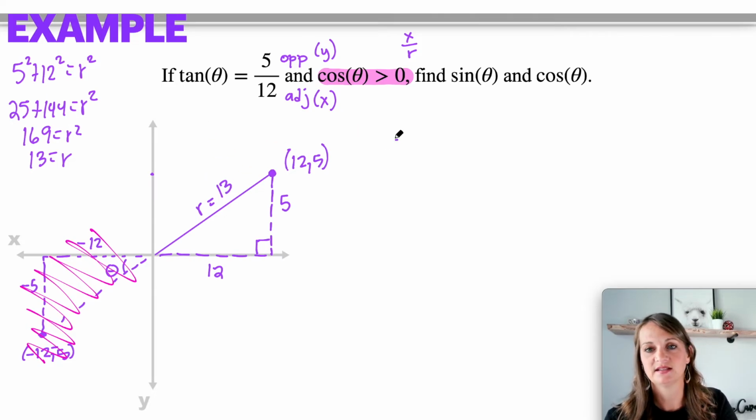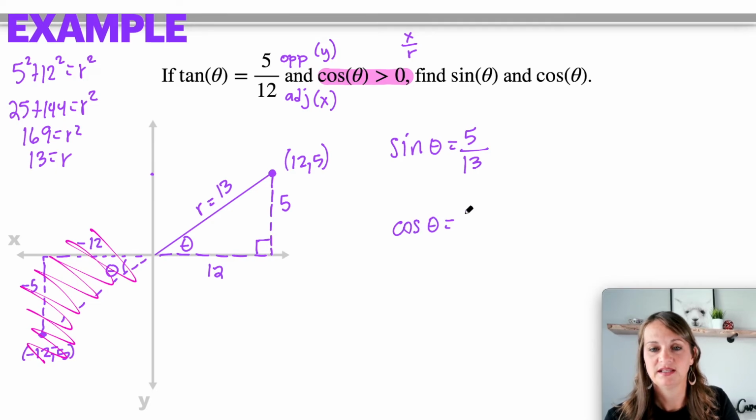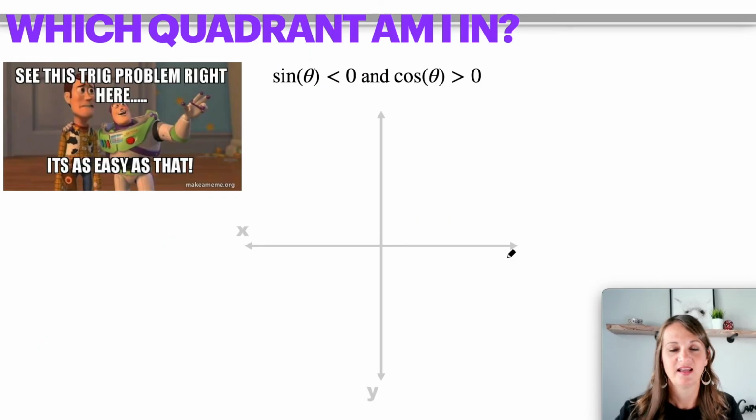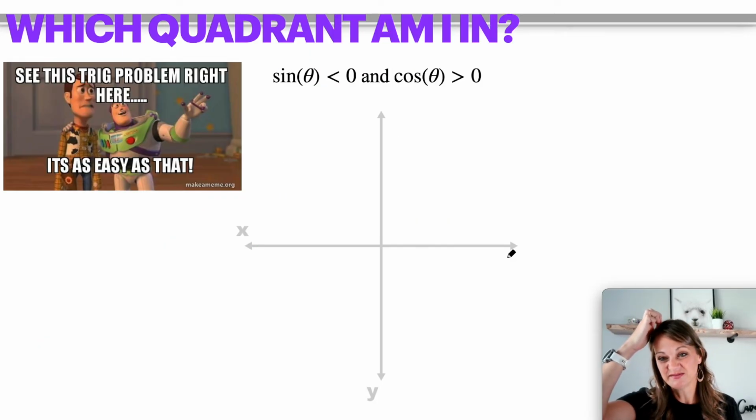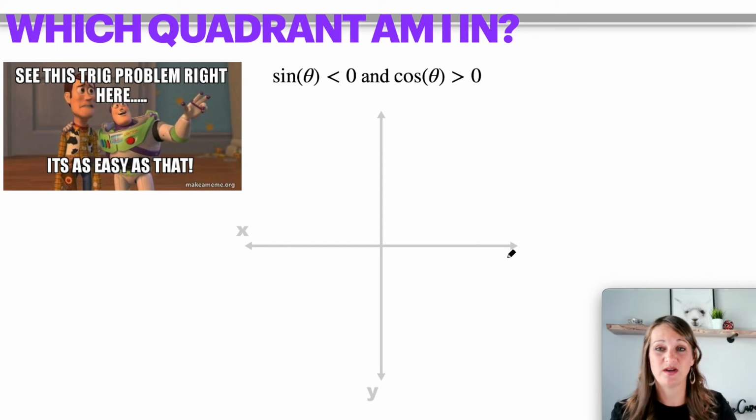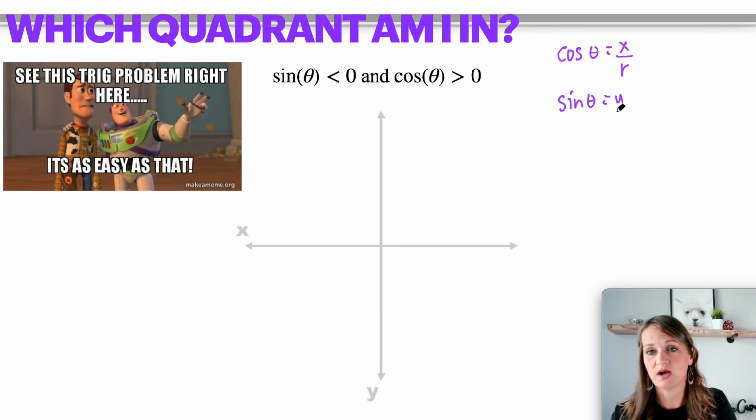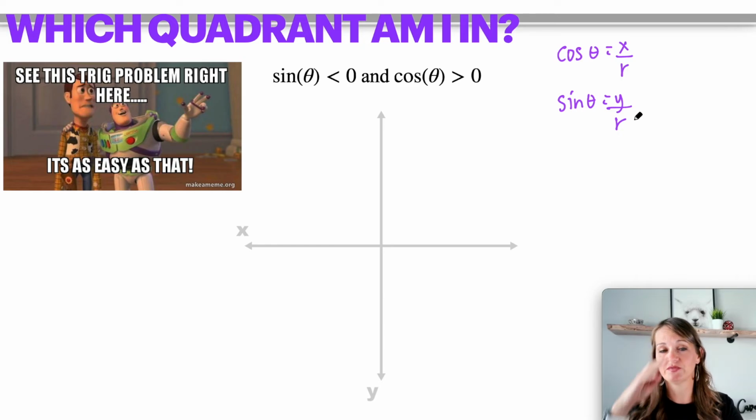Now we can find sine and cosine. So the sine of this angle is opposite over hypotenuse, and cosine of the angle is adjacent over hypotenuse. Now, here's the deal. How in the world do you determine what's what? Well, again, we know that the cosine of an angle is x over r. We know r is always positive. We know that the sine of an angle is y over r, and again, r is always positive. So, here's the deal.